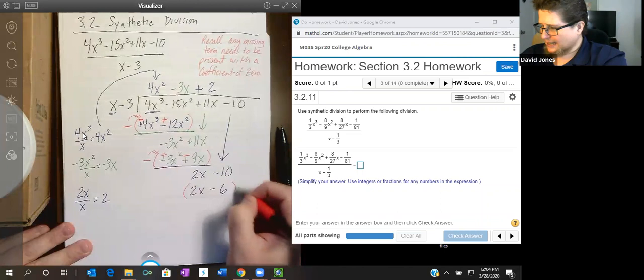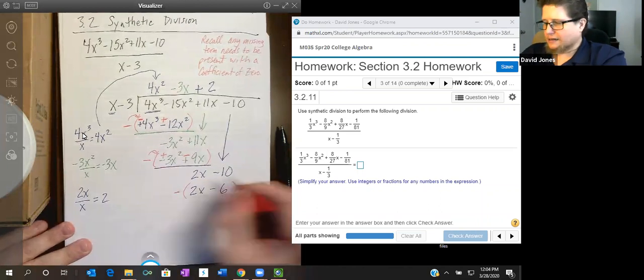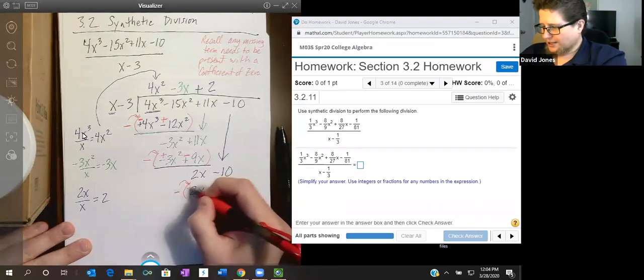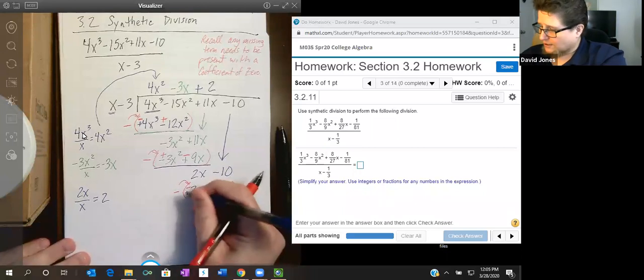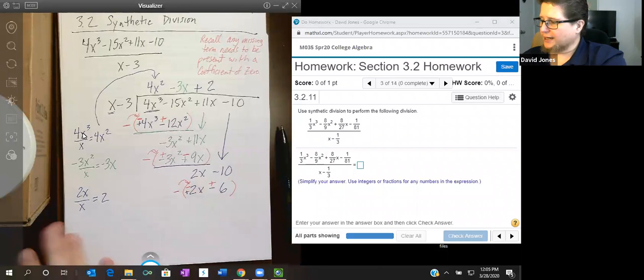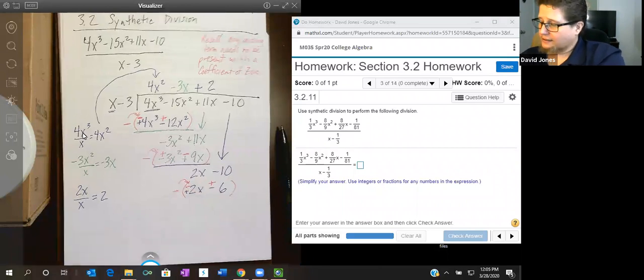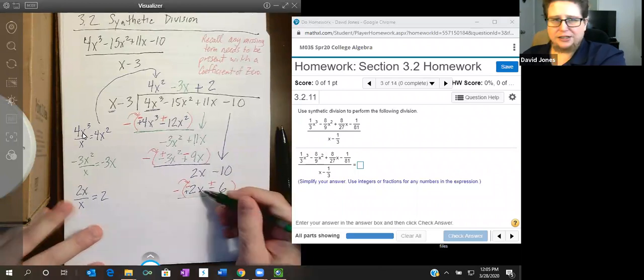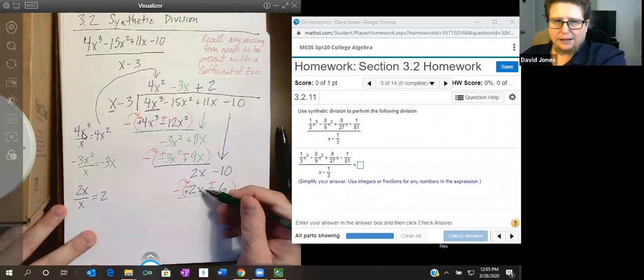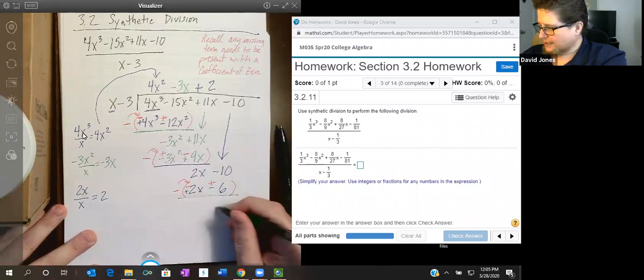I subtract, and it changes the sign of everything inside. So positive 2x goes to negative 2x. Negative 6 goes to positive 6. We add, and the 2x minus 2x cancel. I've got negative 10 plus 6 is minus 4.